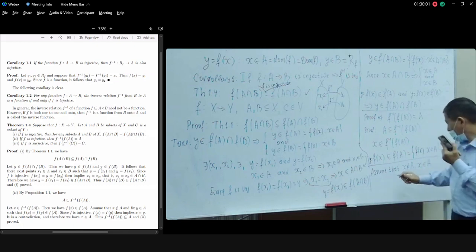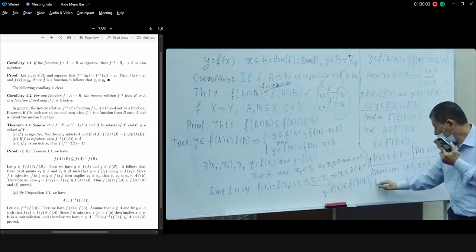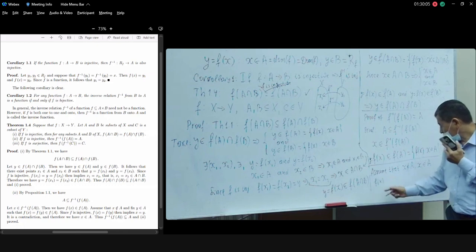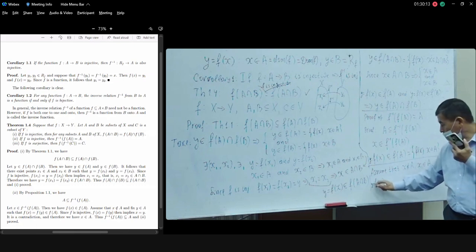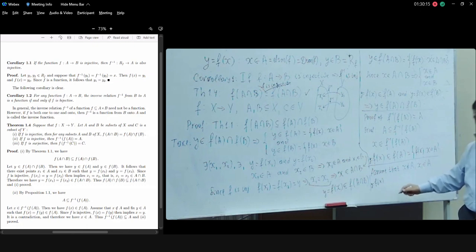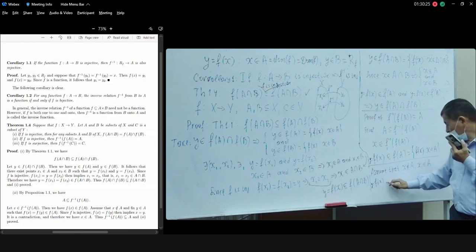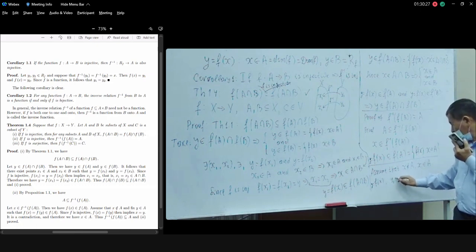Okay, now what will happen? If I act on this element by f, I will get element y from B. And I will get another y1 if I act on the second one.